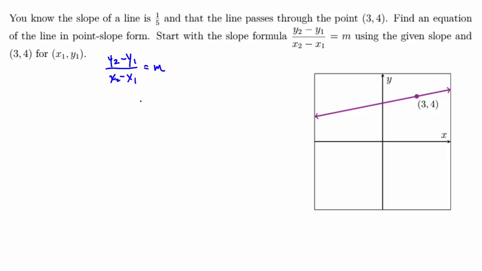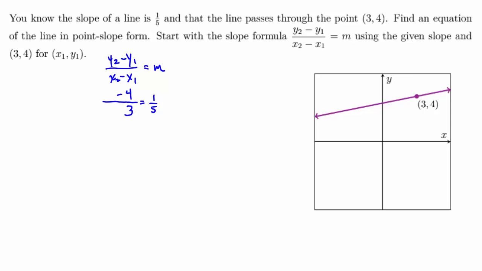And we'll replace m with 1/5, as that's the slope of the line. And as instructed, we'll use the point (3, 4) for x1, y1. So I will replace y1 with 4 and x1 with 3.